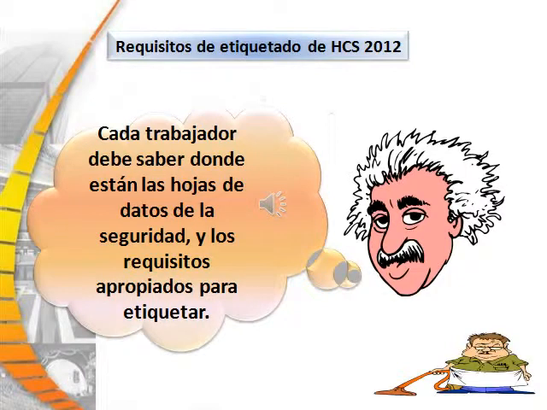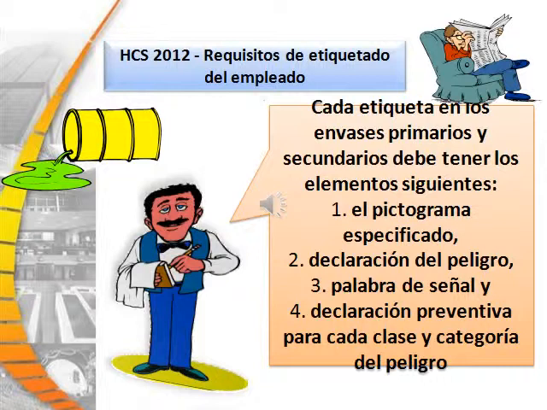HCS 2012 labeling requirements require that every worker know where the safety data sheets are, as well as what the proper requirements are for labeling. Every label on the primary and secondary containers should contain the following elements: the specified pictogram, a hazard statement, signal word, and precautionary statement.